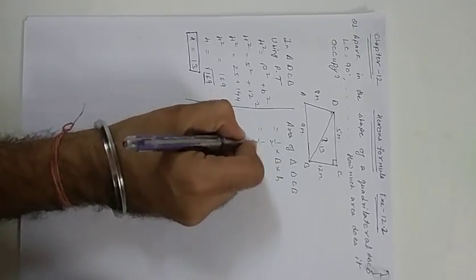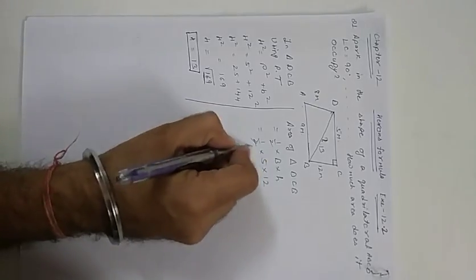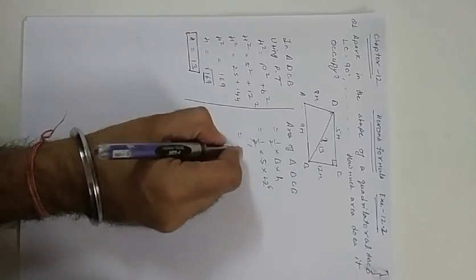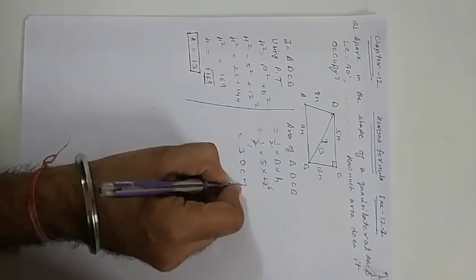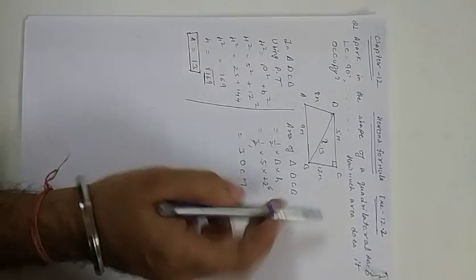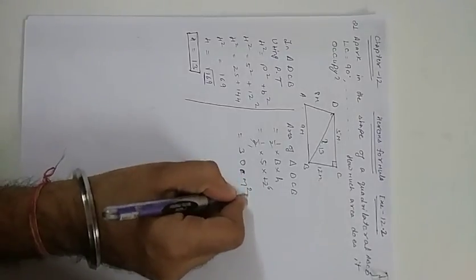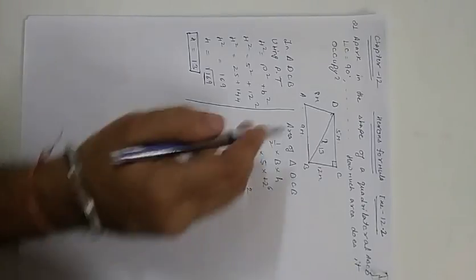That equals half into 5 into 12. So 2 sixes are 12, 5 sixes are 30. So what we got? 30 meter square. Understood?